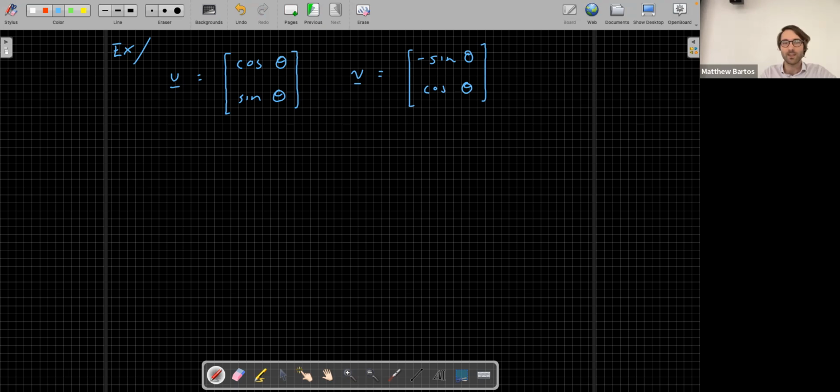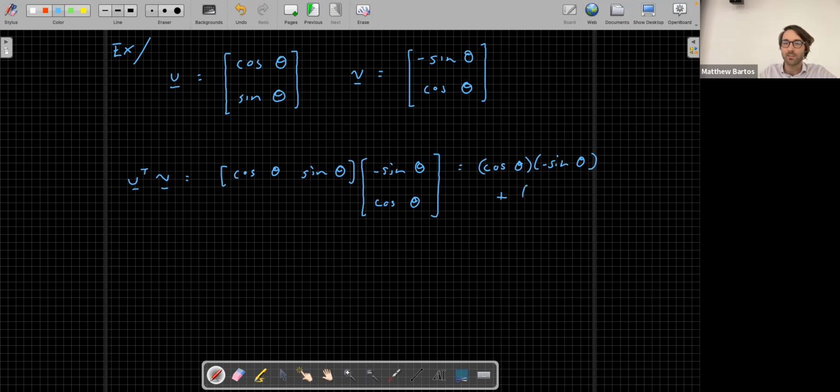Let's say we take u transpose v. So we will get cosine theta, sine theta, inner product with negative sine theta, cosine theta, which gives us cosine theta times negative sine theta, plus sine theta cosine theta.